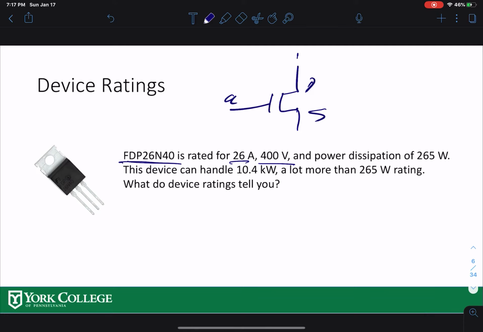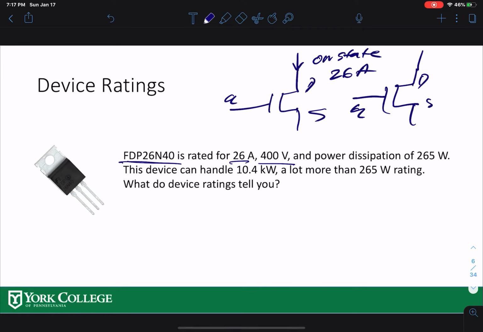When it's on, it can carry 26 amps. In the off state, it can withstand 400 volts between drain and source.